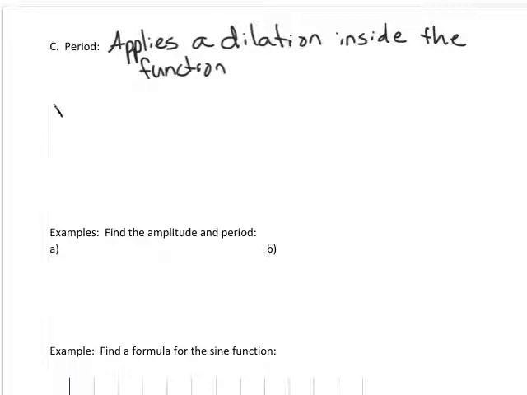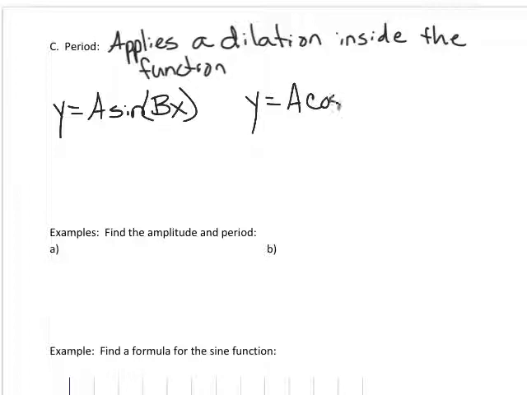And the standard notation, I believe, in both of your books: A is the amplitude, and then we have sine, and capital B is the coefficient in front of the independent variable. The capital B is how you're going to find the period length. It's not the period length itself, but we're going to get there using this coefficient in front of the x value. So we have y is equal to A cosine of Bx.